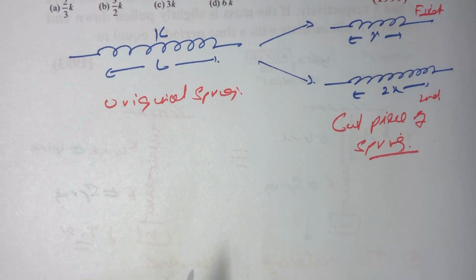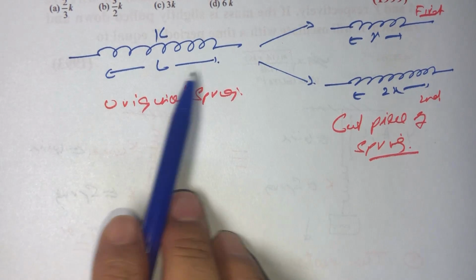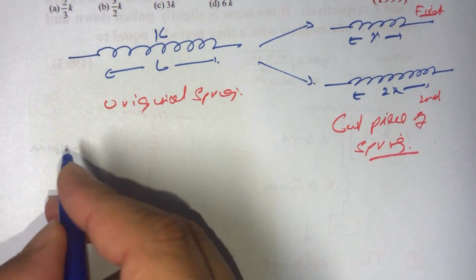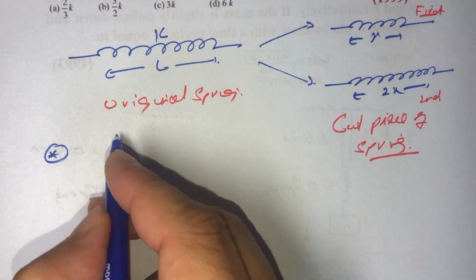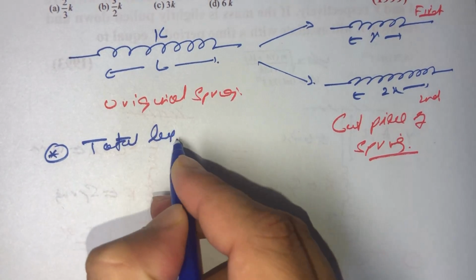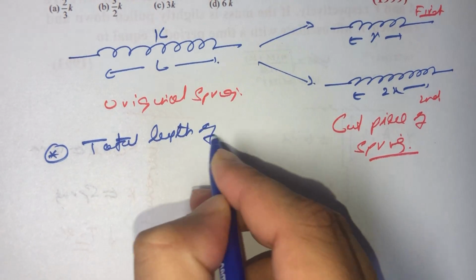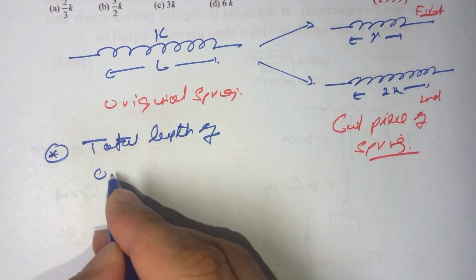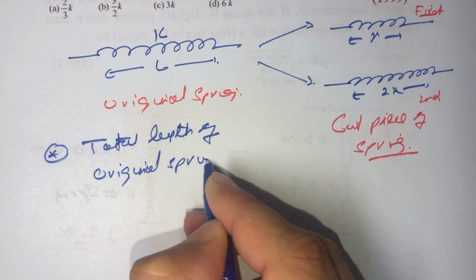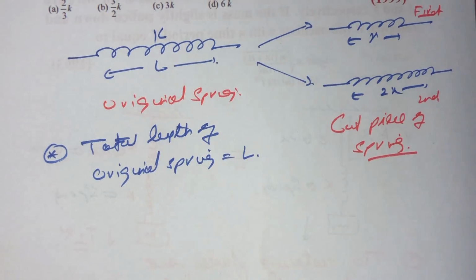So we said that the original spring is, let us suppose, having a length L. Total length of original spring is equal to L.